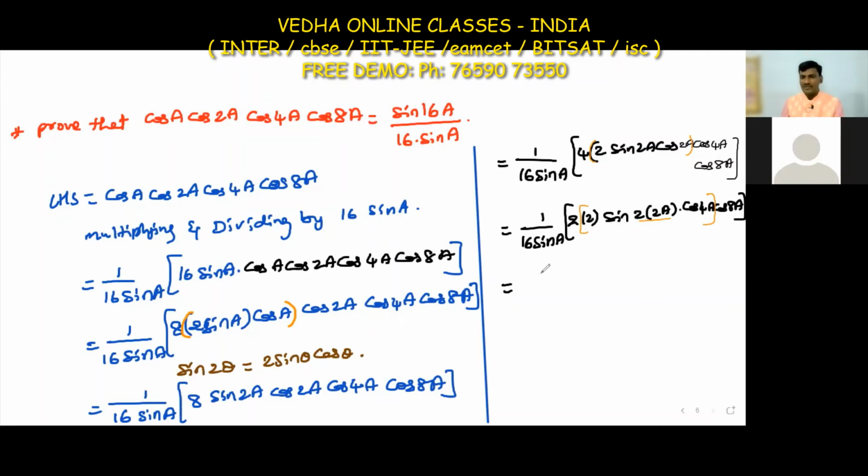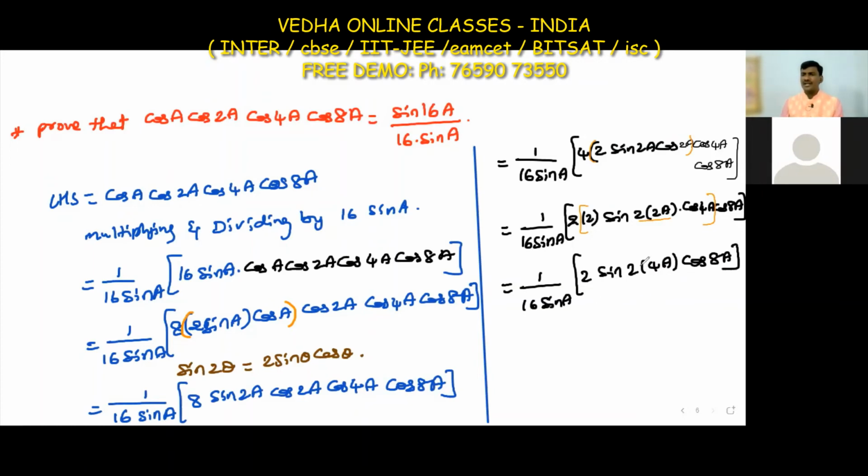So 1 divided by 16 sin A as it is outside, 2 sin 4A cos 4A gives sin of 2 into 4A, that is sin 8A, and cos 8A.